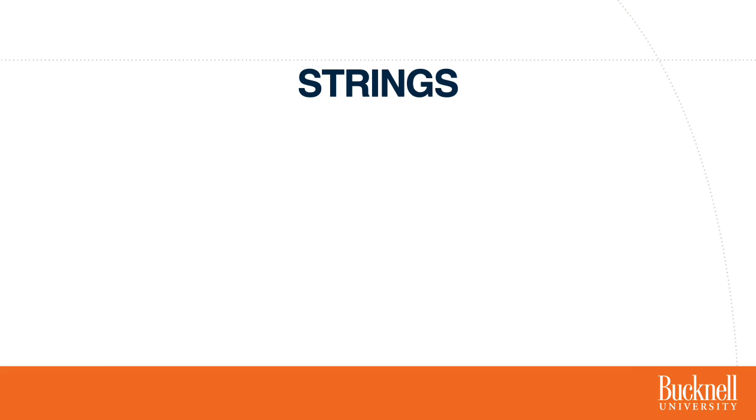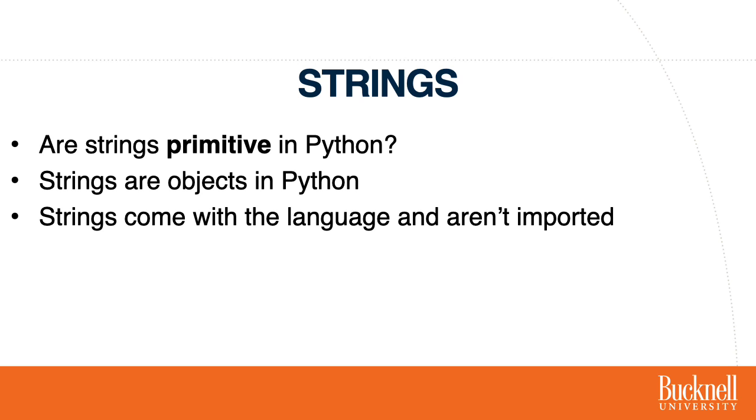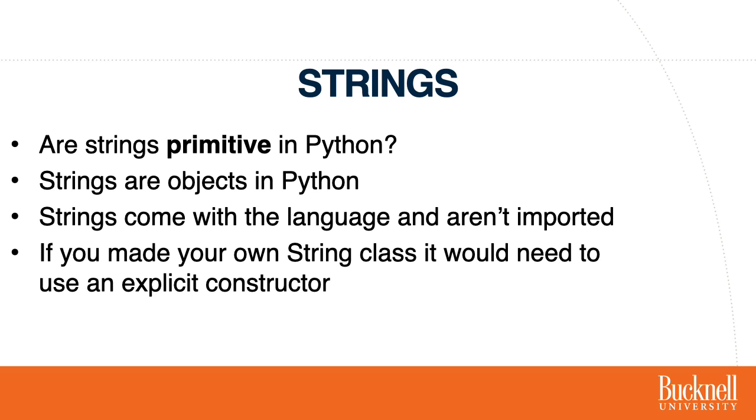So, are strings primitive in Python? Let's think about it for a moment. Strings are objects in Python, and objects can be constructed in Python, so maybe they're constructed. On the other hand, strings come with the language. You don't need to import strings from a library.